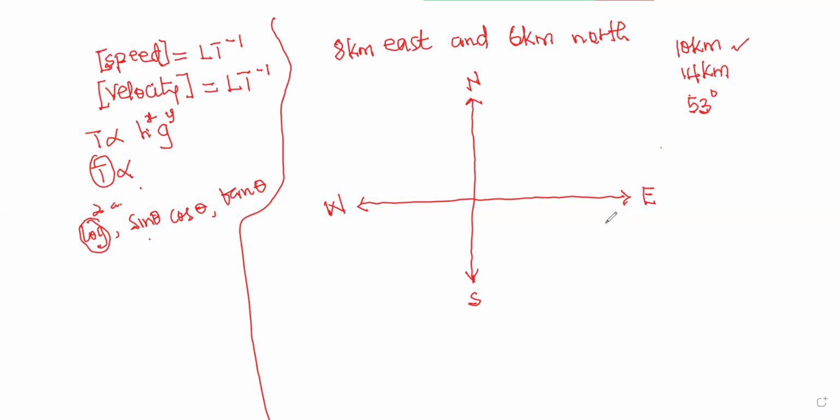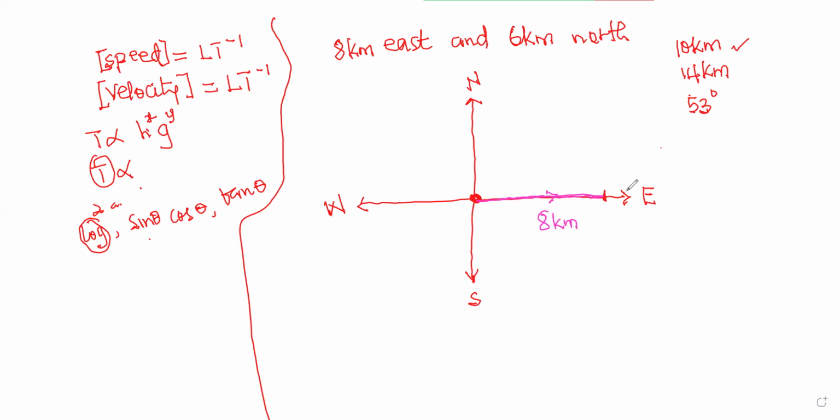And we are told that a boat sails 8 kilometers from a starting point. The origin is the starting point, due east. So let's assume the 8-kilometer distance or displacement ends here. So this is a displacement of 8 kilometers due east.